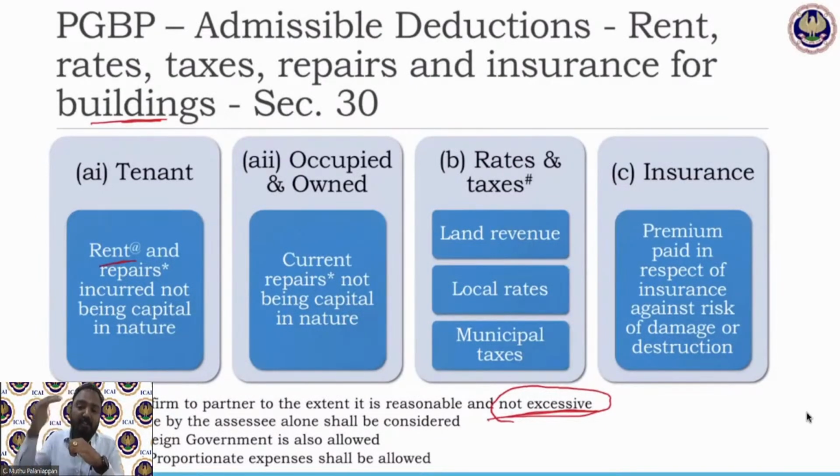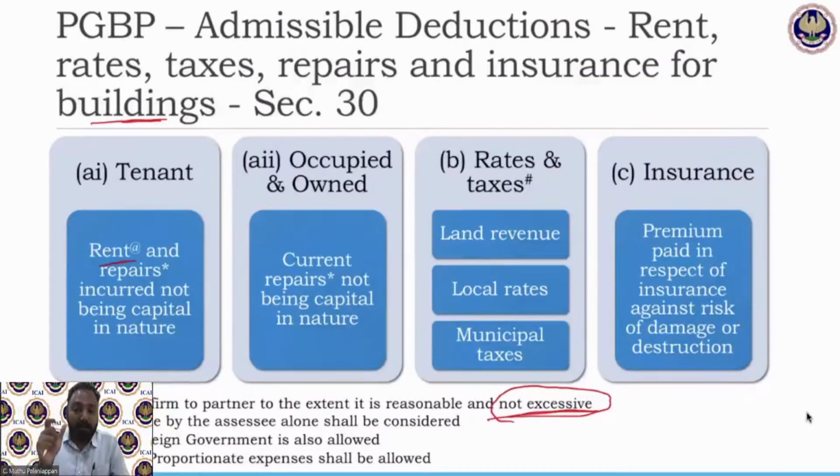These are all fixed by the government in various circumstances. So there is a concept called fair rent. What is fair rent? What is typically paid in that locality, something like your fair market value, FMV. So when it is paid to a partner, it should be made sure that the rental paid is something like a fair rent.